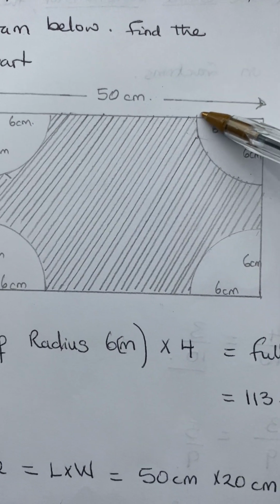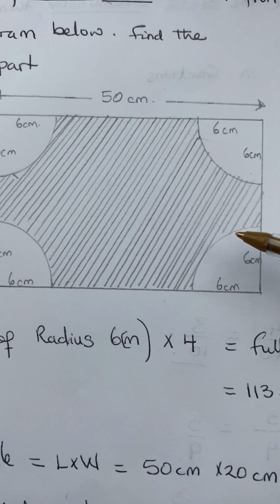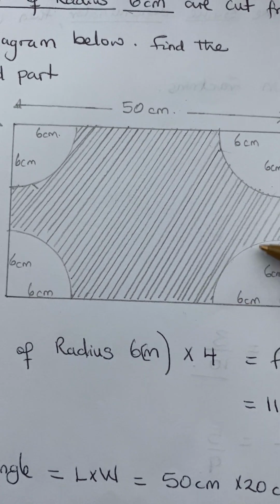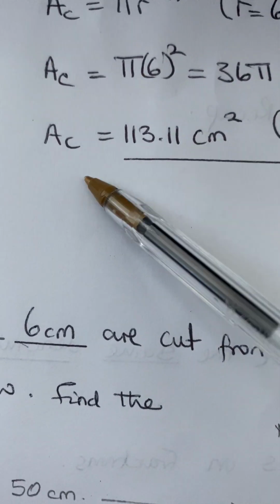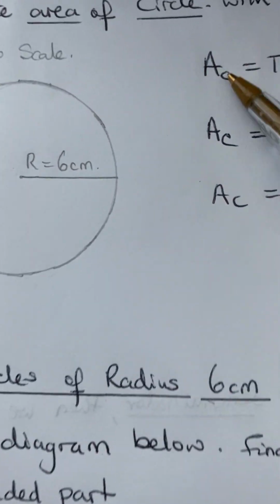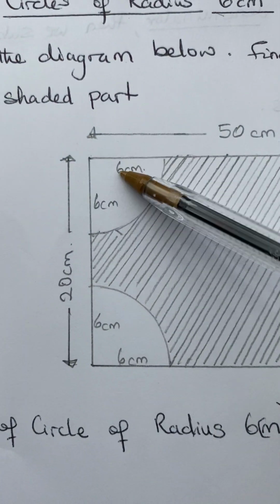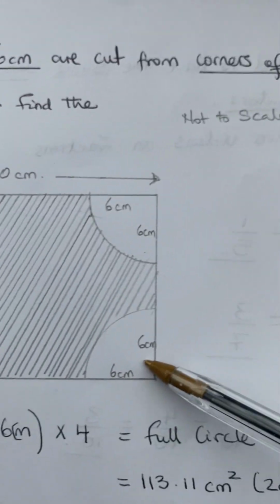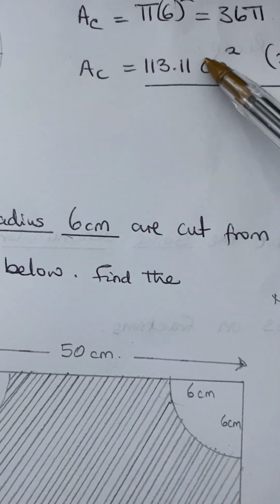That is the third quarter, which will give me three quarters, and that is the fourth, which will give me a full circle. Remember, I've just found the area of a circle of 6 centimeters. So 1, 2, 3, 4 equals the area of a full circle, which I have done here.